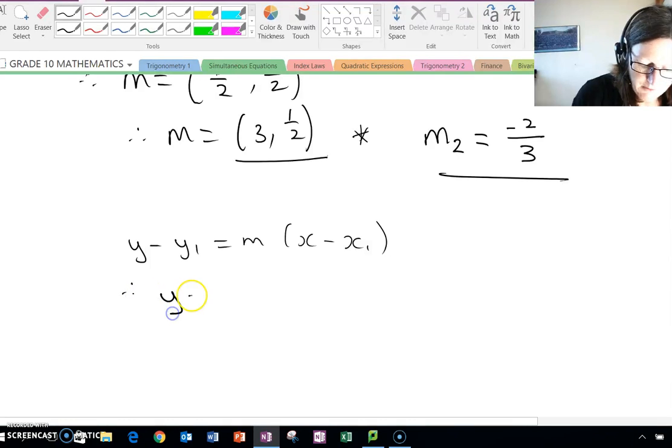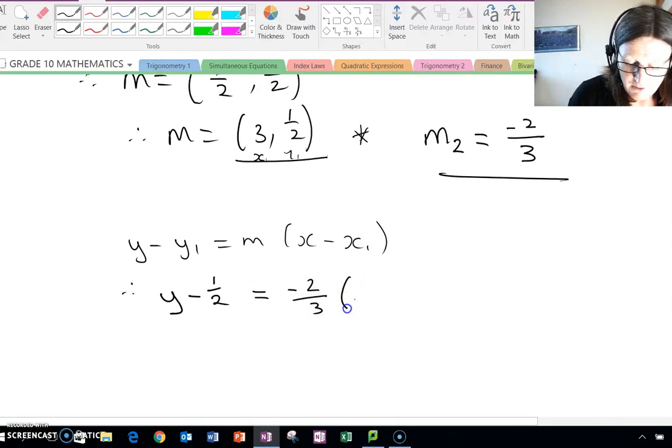So y minus a half is equal to -2/3 times x minus 3.